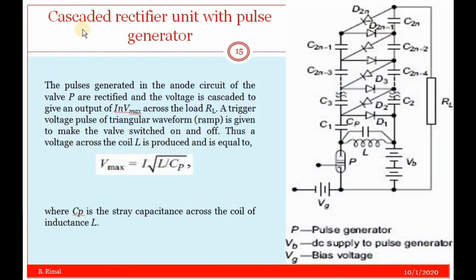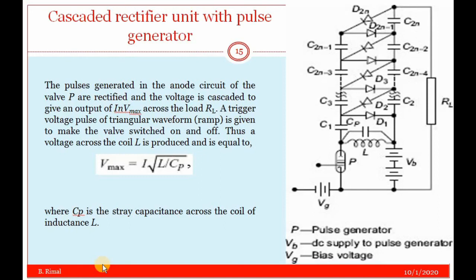Here I have included a cascaded rectifier unit with pulse generator. The working is quite similar to the voltage multiplier circuit. Here you can see a pulse generator and a DC supply and another bias voltage. The pulse generator will generate a pulse, and this whole circuit can be used to generate the high voltage DC using a DC power supply of about 500 volt.